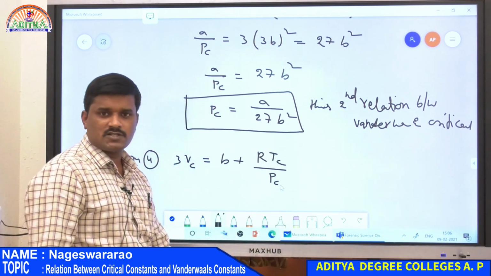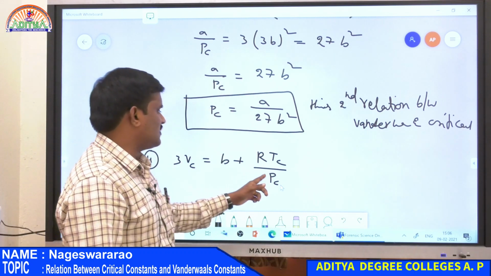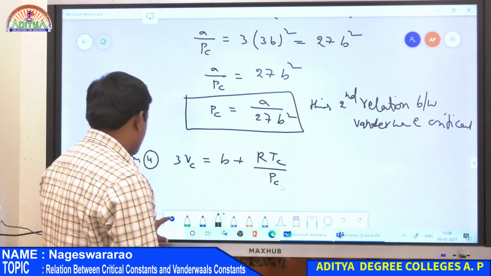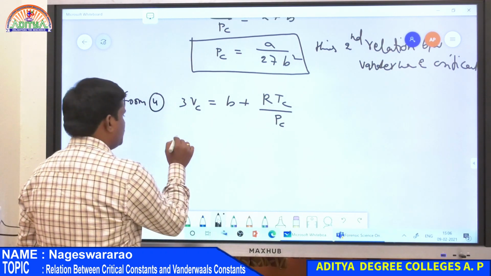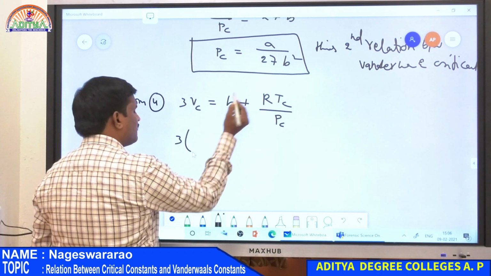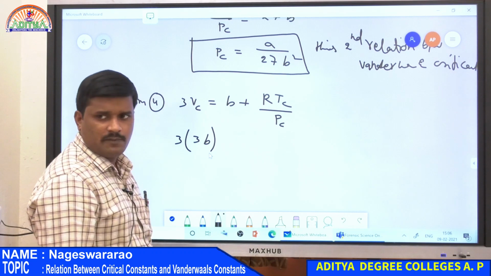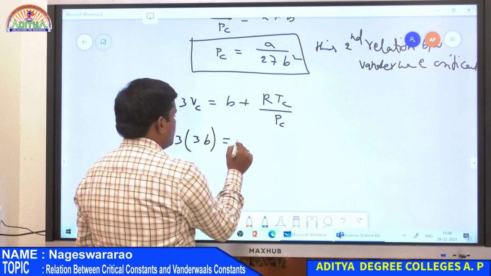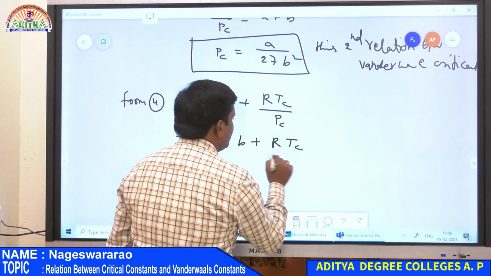So this is from equation number 4. We also have two relations, both the Vc value as well as the Pc value. Now substitute these values in equation 4. So 3 into Vc. What is the value of Vc? This is equal to 3B. So 3 into 3B, that is equal to B plus R into Tc divided by Pc.